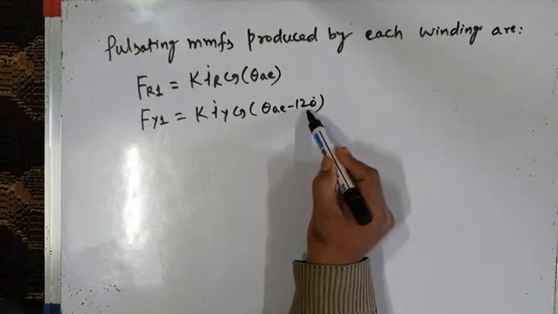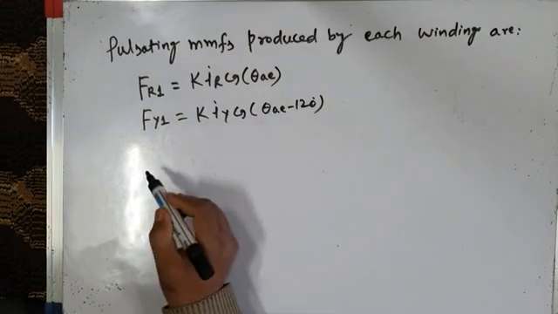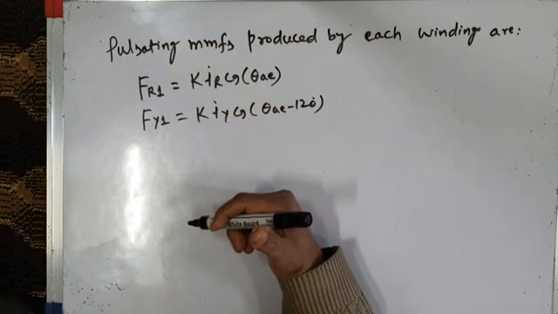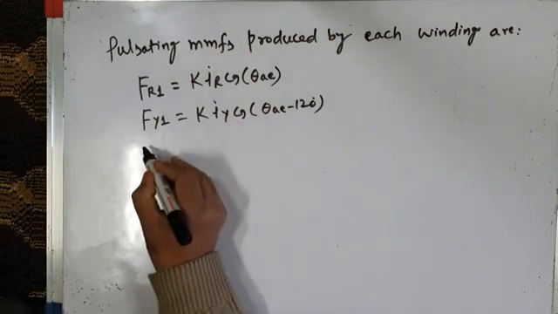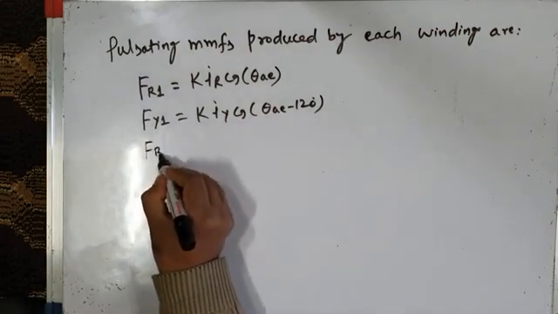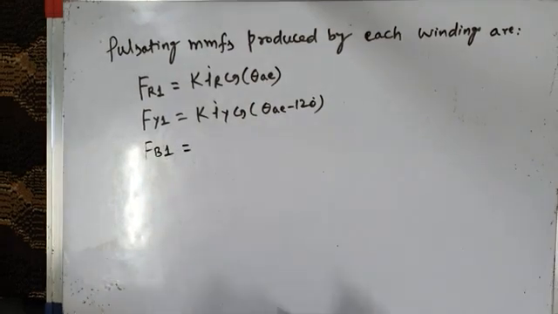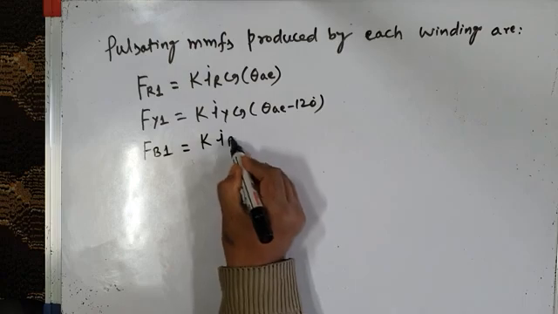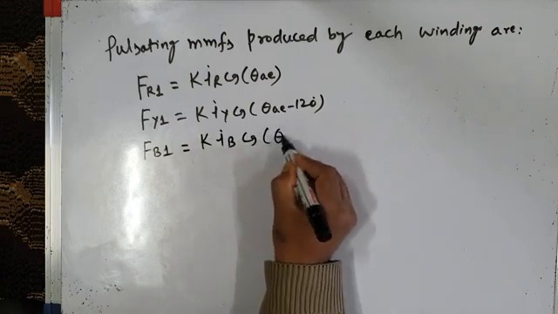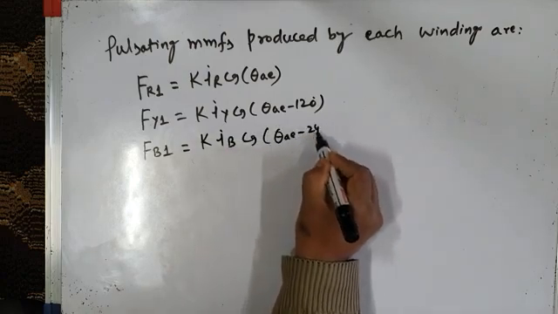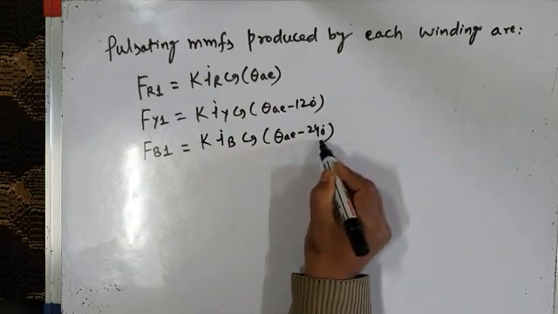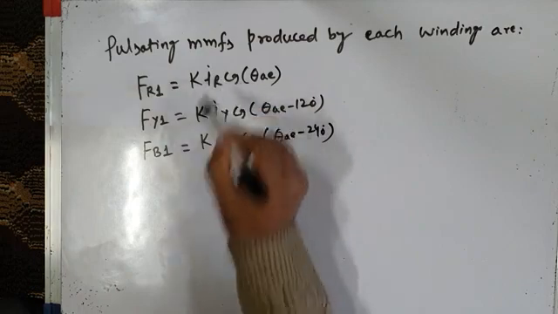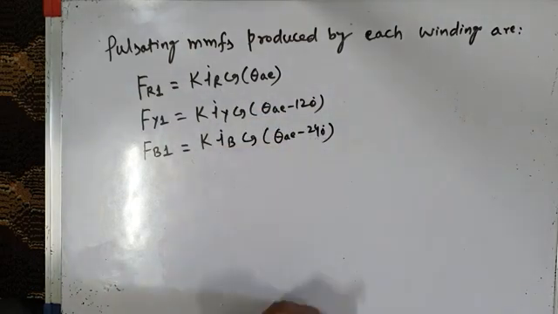So I have to write here minus 120 degrees. Similarly, the current flowing in B phase winding will also produce MMF, and the fundamental component of B phase MMF is given by K into IB cos of theta AE minus 240 degrees, or theta AE plus 120 degrees, because B phase winding is displaced with respect to R phase winding by 240 degrees.